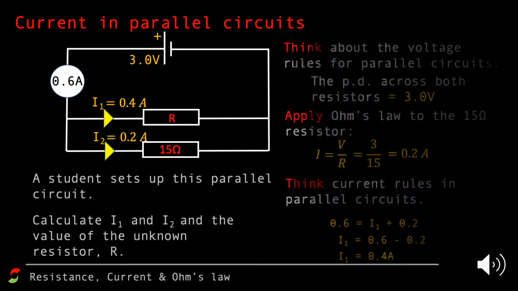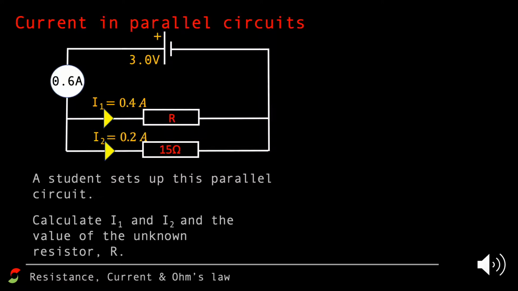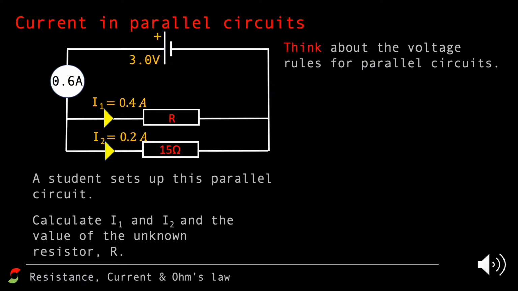So now that we know what the two unknown current values are, we can concentrate on trying to calculate our unknown resistor value R. So just to remind you, think about the voltage rules for the parallel circuits, because it's all about R. We can ignore the 15 ohm resistor now. We don't need to worry about that.